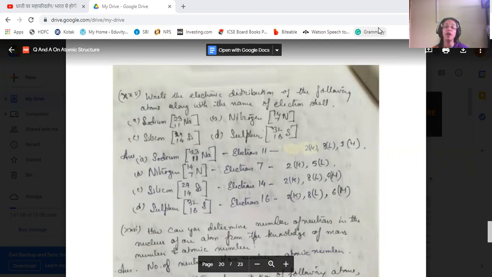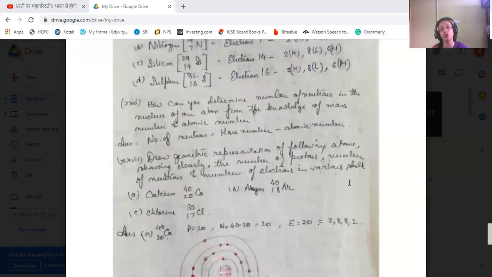Now, how can you determine the number of neutrons in the nucleus of an atom from the knowledge of mass number and the atomic number? So we need to find out the number of neutrons. How can we determine it? The number of neutrons will be equal to mass number minus the atomic number.